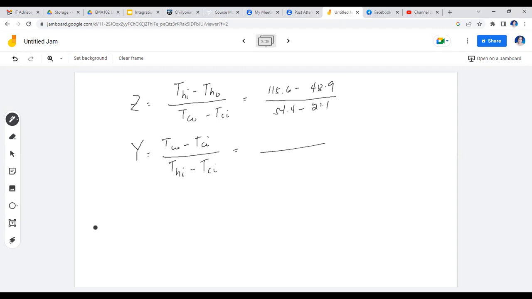So for Y, the outlet temperature of the cold fluid is 54.4 minus 21.1 over 115.6 minus 21.1. So you will have the Z and the Y values here. Icholo, can you solve for the Z? And for the Y, please solve it, Rosel.